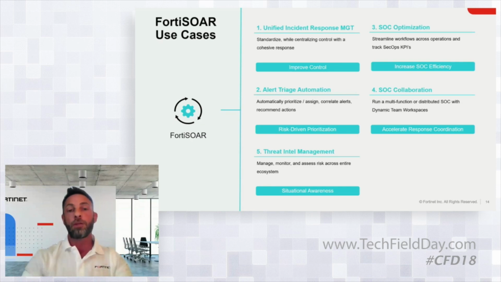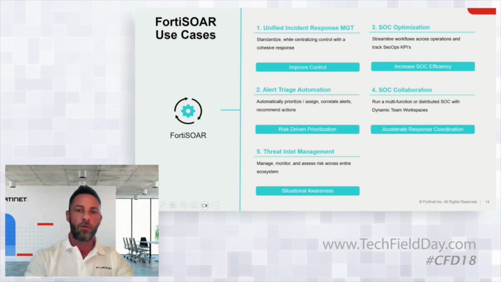And customers come with their own ecosystem. It's not all Fortinet, as much as we would love that. Maybe it's Fortinet and some other company's SIEM or a competitor's firewall, or maybe a CI/CD process that needs to be involved. We can take all of that information and create automated use cases around that, right?